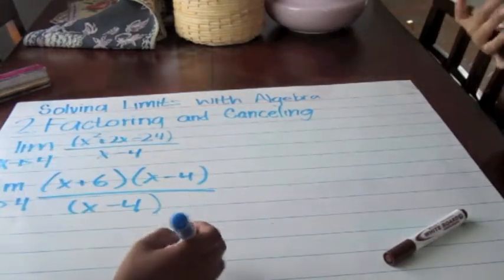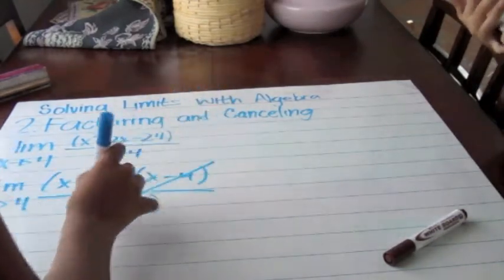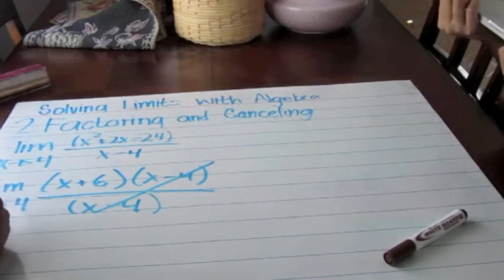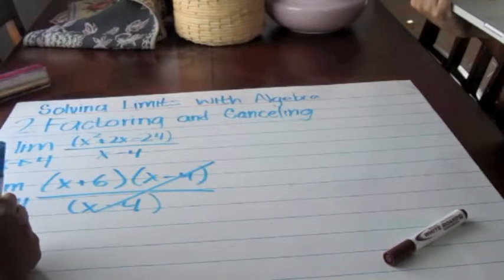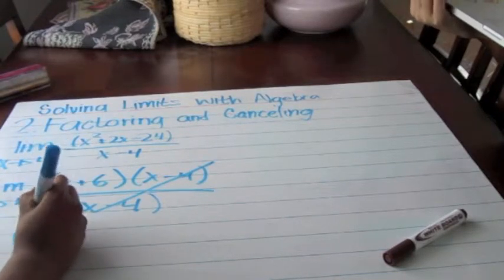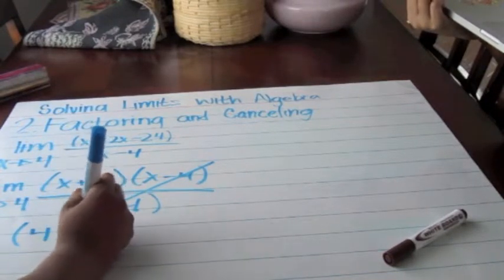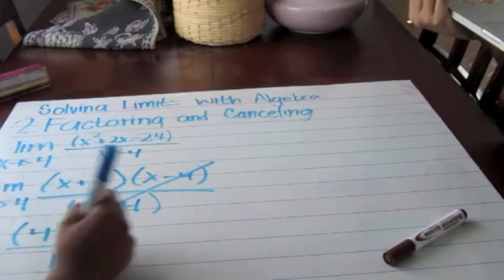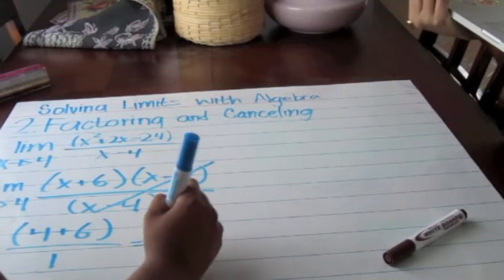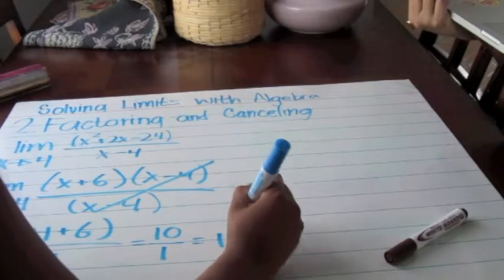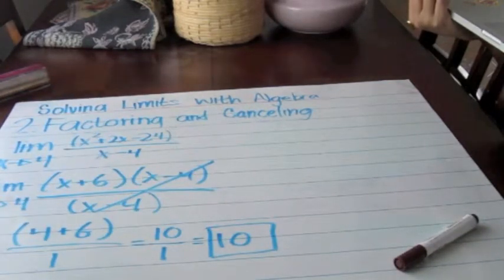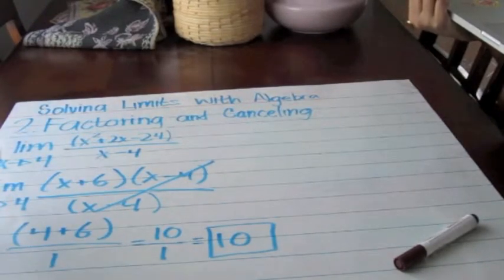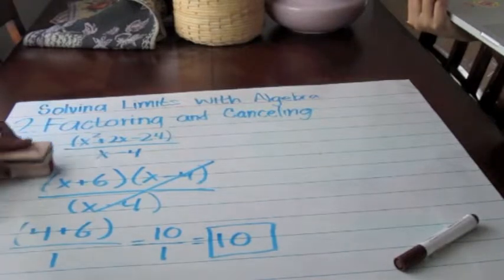As you can see, there's an x minus 4 on both numerator and denominator, and we can cross that out, leaving us the limit of x plus 6 over 1 as x approaches 4. We plug in the 4 where our x was, which leaves us 4 plus 6 over 1, giving us 10.